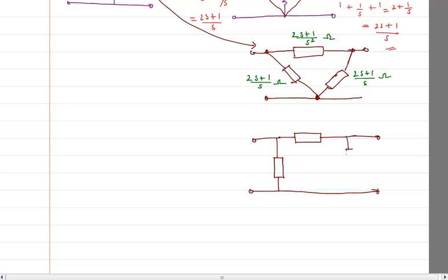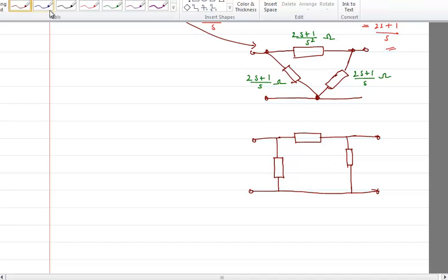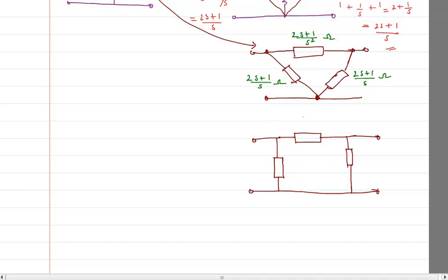I have opened these two connections, and now I have got something like this with the value here as 2s plus 1 divided by s square ohms. This is going to be 2s plus 1 divided by s ohms. This is also going to be 2s plus 1 divided by s ohms.